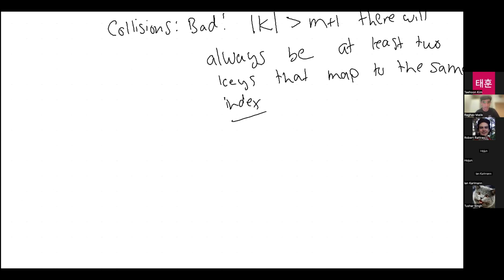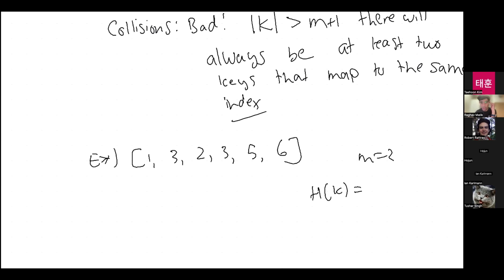This is, of course, bad because if we think about our example from last class, we had an unsorted array of numbers and we wanted to find which number was repeated. So we had like 1, 3, 2, 3, 5, 6 maybe, right? And let's say m equals 2, and my hash function is just k mod 2.